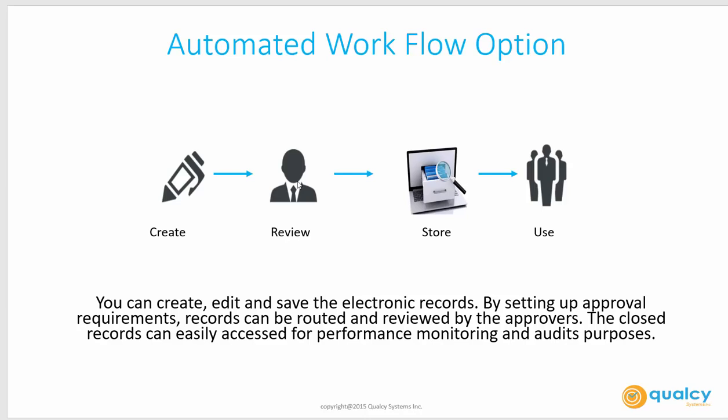After that, you can store the records, and the closed records can be easily accessed for performance monitoring and audit purposes. With manual records, it's very challenging to run any reports on the metrics. If you have electronic records, you can quickly download to Excel, or run reports and see how many calibration works are coming due next month. And if you are in an audit, you can easily go back and open the calibration record for those instruments or equipment as required by your auditor.